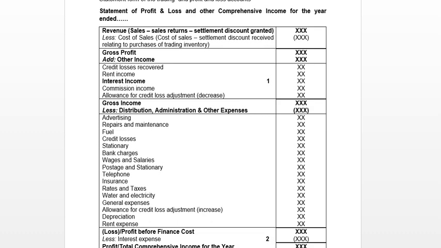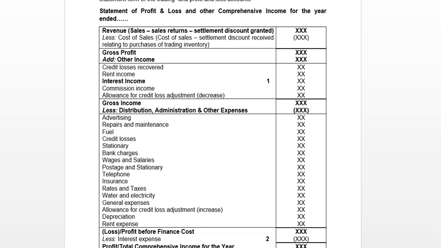So you will have certain incentives in place. For example, if your debtor pays you back within 10 days, you will give them a 5% discount. So in essence, your sales will decrease by that 5%, and we're going to account for this as our settlement discount granted.